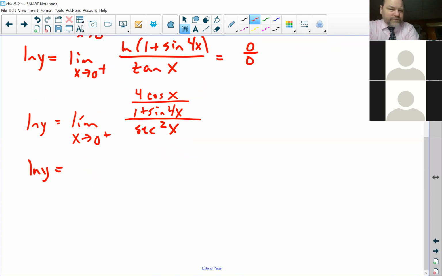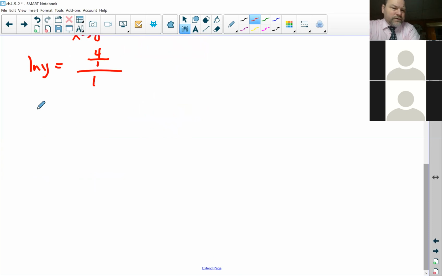So I have 1 times 4. Sine at 4 times 0 is 0, plus 1 is 1. Secant squared, well, secant is 1 over cosine. Cosine at 0 is 1, so secant squared at 0 is 1. So I have the ln of y is equal to 4.